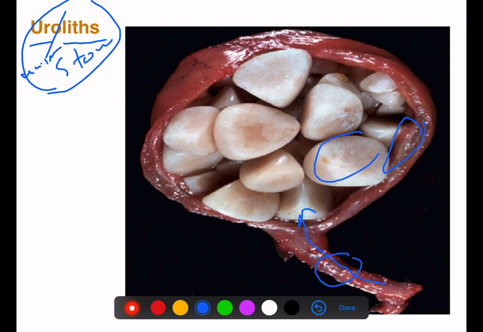This urolith is mainly composed of struvite, which means magnesium ammonium phosphate precipitate, which comes within the urine from the kidney. Also, the stone may be formed within the bladder. There are multifactorial causes that help stone formation within the bladder.